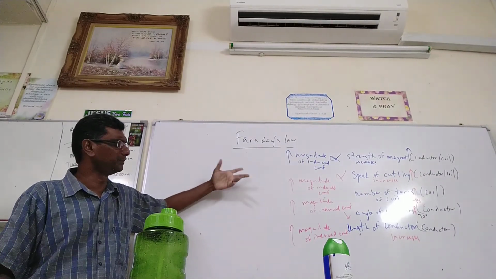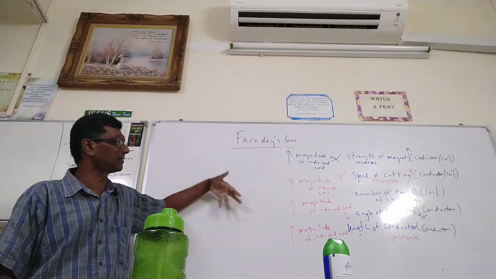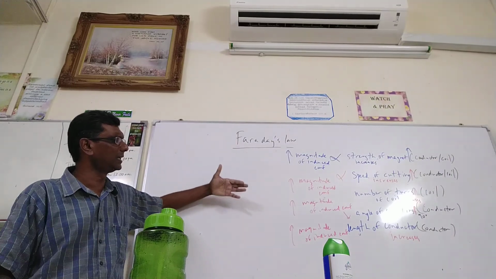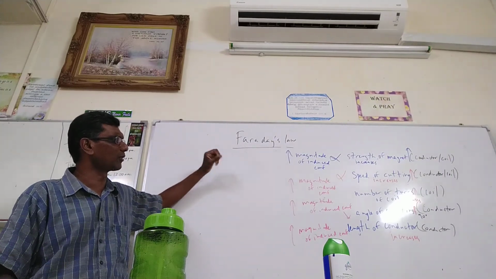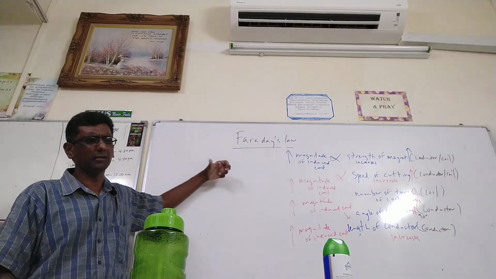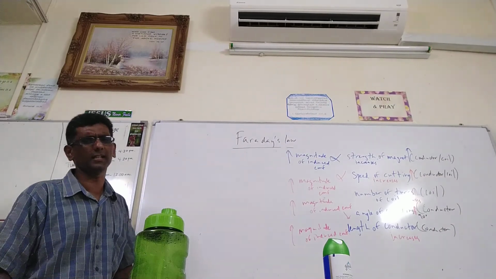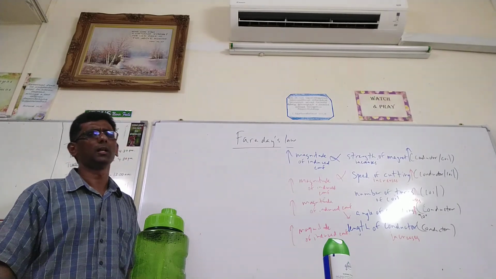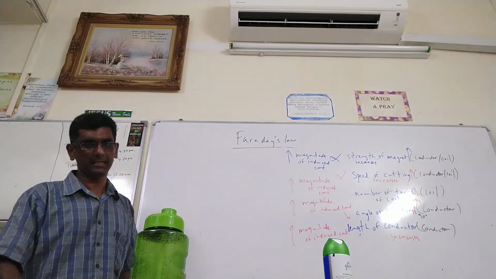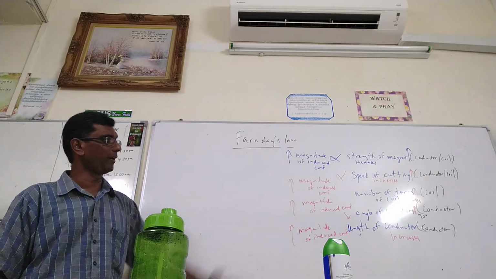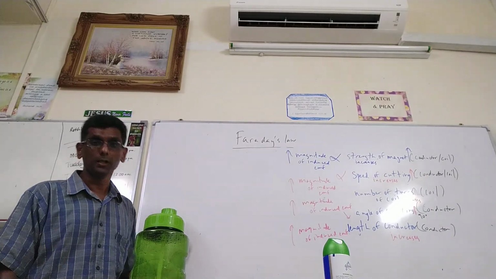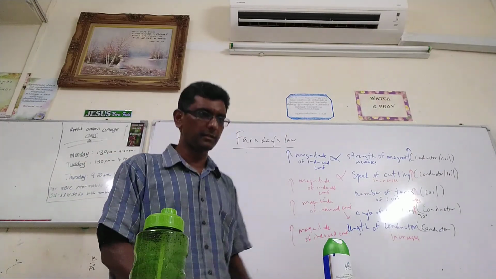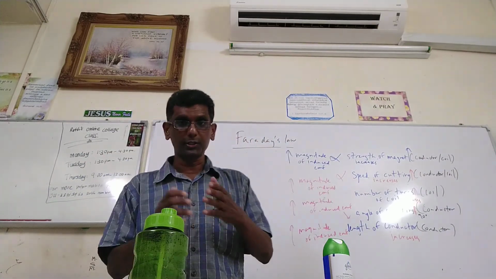It's a sub-factor. Thickness of the wire is a sub-factor, but the main factors are the 5 factors: length of conductor, number of turns of coil, strength of magnet, speed of cutting, and angle of cutting.